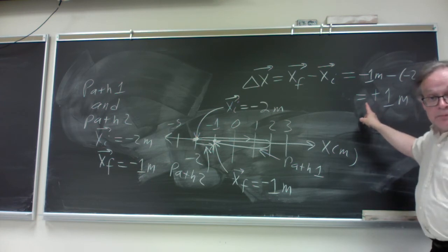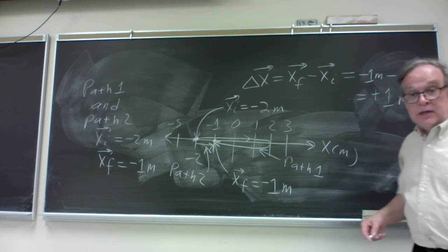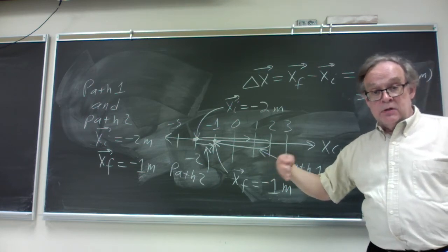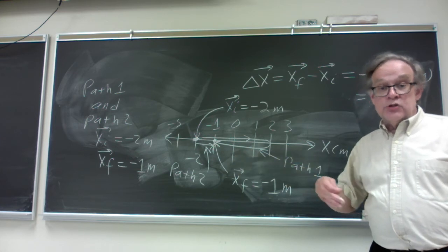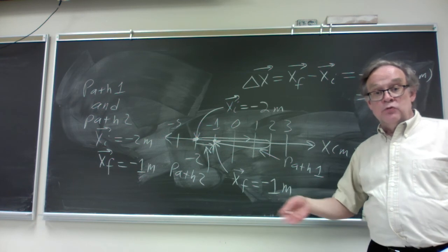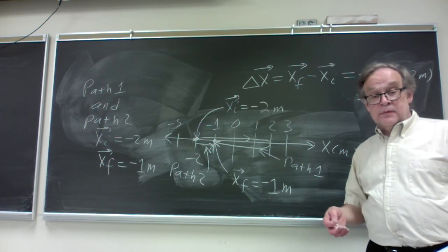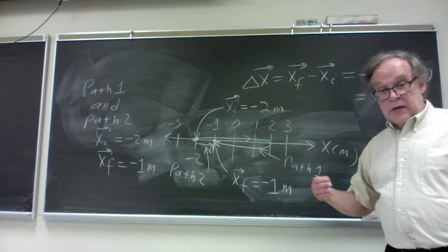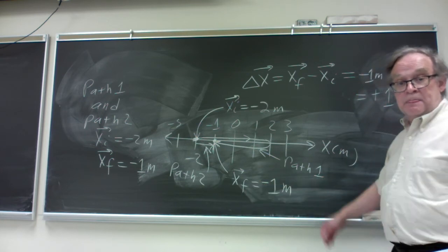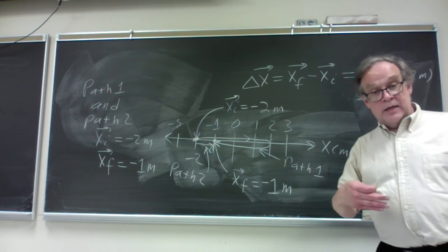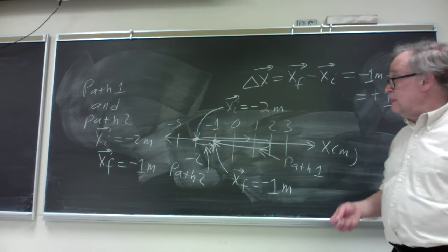That is the change in location vector. The displacement vector points in the positive direction. In other words, when this change in location happened, the final location was more positive than the initial location. The bug moved in the positive direction. To get from the start to the finish, you have to move in the positive direction. And the magnitude is 1, indicating that the starting point and the ending point are just 1 meter away.